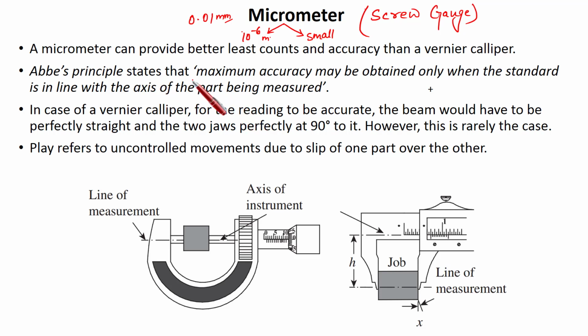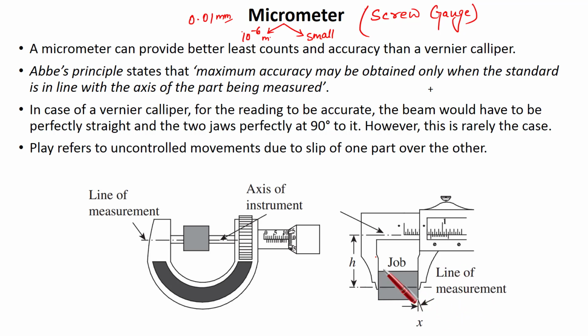According to this, look at this diagram: this is a vernier caliper and this is a micrometer. In the vernier caliper, this is the axis of the instrument, because it is the main scale, right? And here is the object placed. So this is the axis of the object.